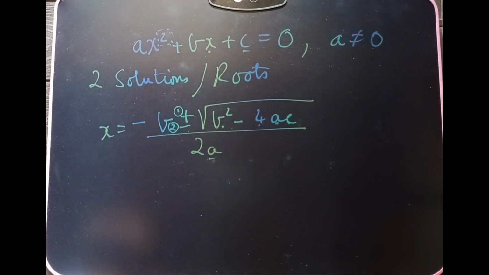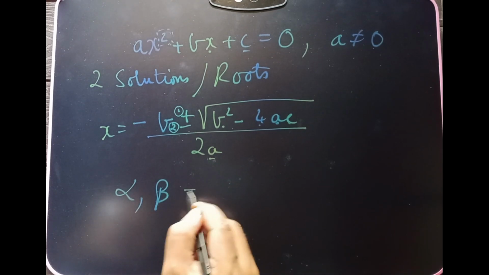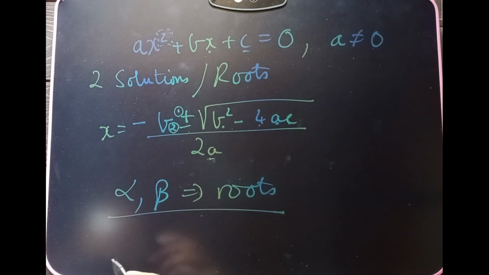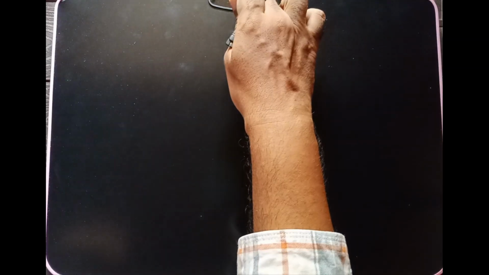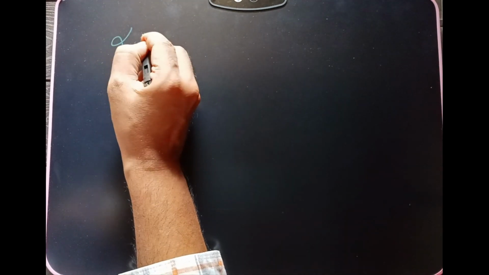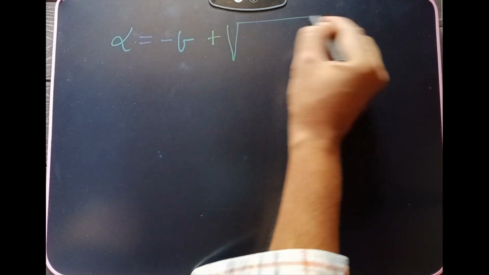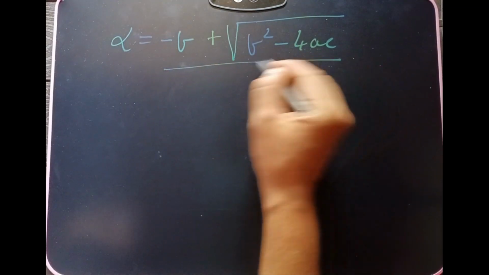Another conventional way of representing the two roots is using alpha and beta. So basically we can say alpha is equal to minus b plus square root of b square minus 4ac divided by 2a.